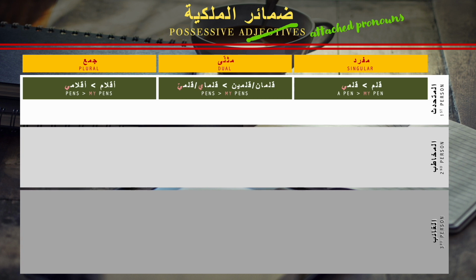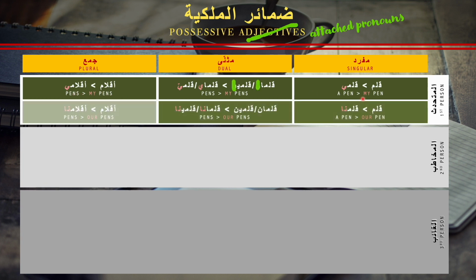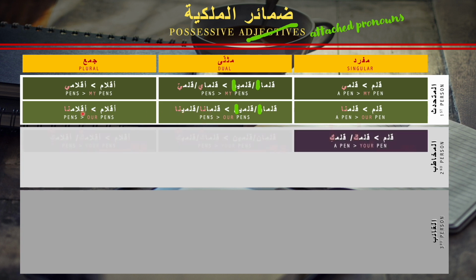So if I would like to say a pen, قلم, my pen, قلمي, my two pens, قلماي or قلمي, and not to forget the dual form for the spoken dialects, it's قلميني, my pens, أقلامي. Next, our pen, قلمنا, قلمانا, قلمينا, أقلامنا.